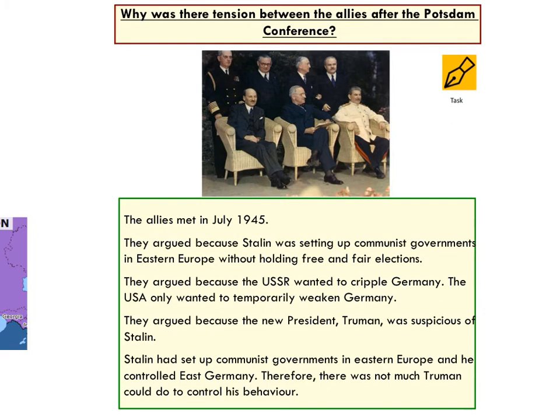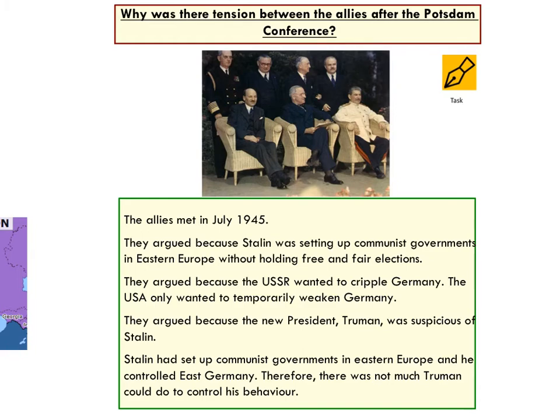And when the Allies met in July 1945, there was far more tension than there had been at Yalta. Now, you might find that slightly strange because they are much more confident, as they have just defeated Hitler. Japan hadn't been defeated yet, but Hitler and Italy both had. So you would be thinking they'd be feeling pretty pleased with themselves. However, there was a lot of disagreement.